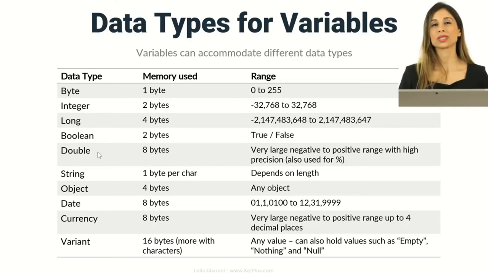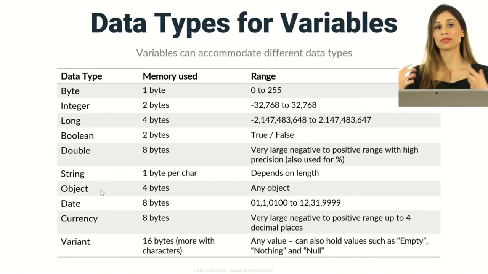Double is good for declaring percentages, or if you're doing calculations that require high precision. String is for text. Objects is for things like declaring ranges. So if you want to declare a cell as a range, or a sheet as a worksheet, or if you're declaring workbooks in variables, you'll need an object data type.